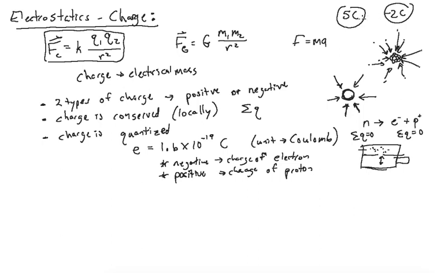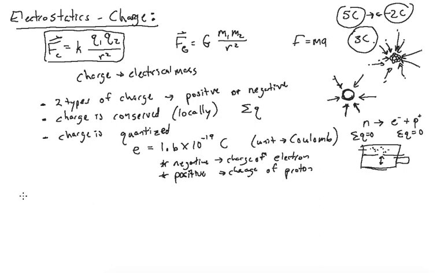If I were to touch them together, or shove them together into one more massive object, it would have to have 3 coulombs of charge, because the negative 2 would cancel out with 2 of the positive ones, and we'd be left with 3. We have to conserve the total charge.